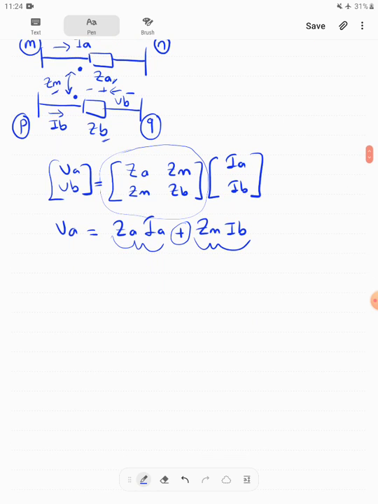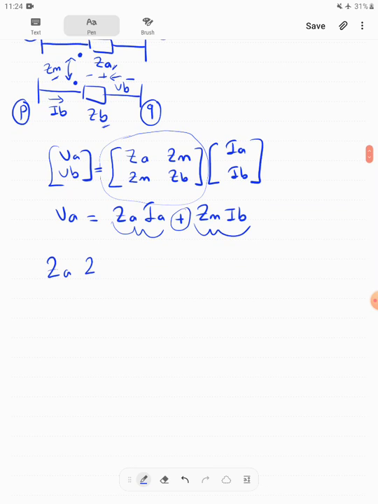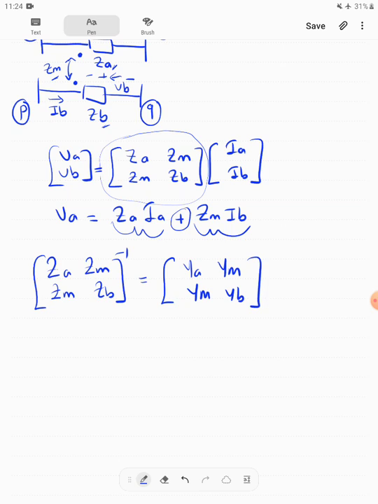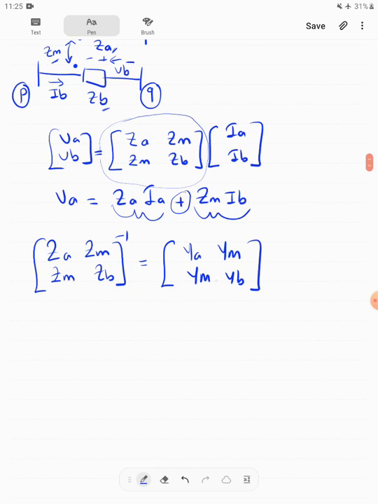Let's write the inverse of this square matrix ZA, ZM, ZM, ZB inverse will be equal to YA, YM, YM, YB, since the inverse of an impedance matrix will be equal to the corresponding admittance matrix.